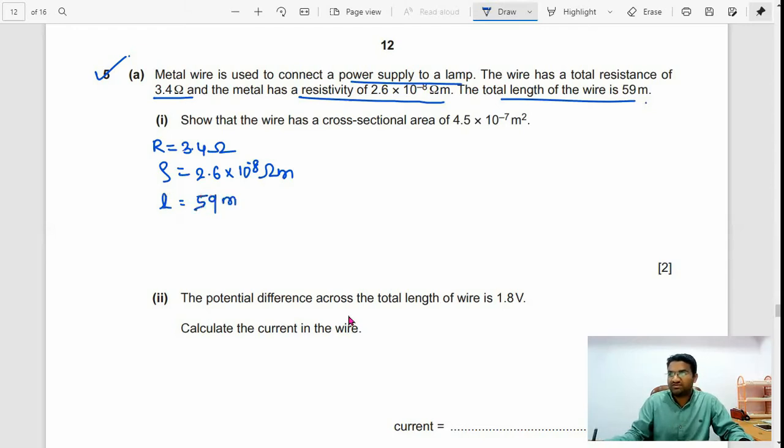Now, in the first part, we have to show that the wire has a cross-sectional area of 4.5 times 10 raised to negative 7 meter square.